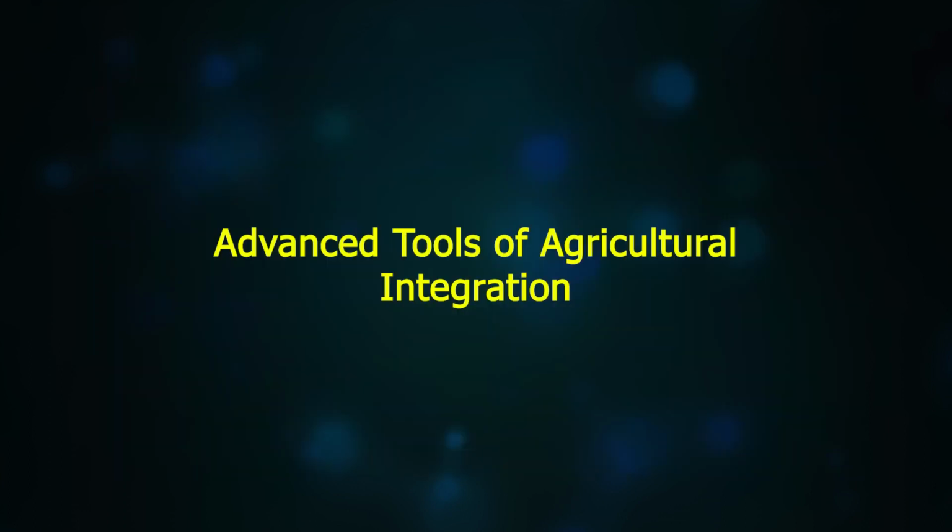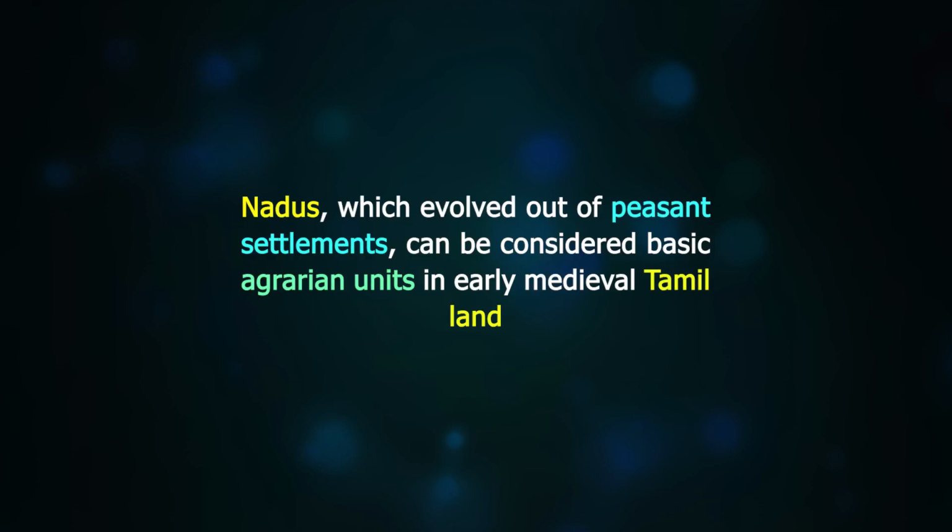Advanced tools of agricultural integration. Nadus, which evolved out of peasant settlements, can be considered basic agrarian units in early medieval Tamil land. In the early medieval centuries, their numbers rose in all the Tamil macro-regions.